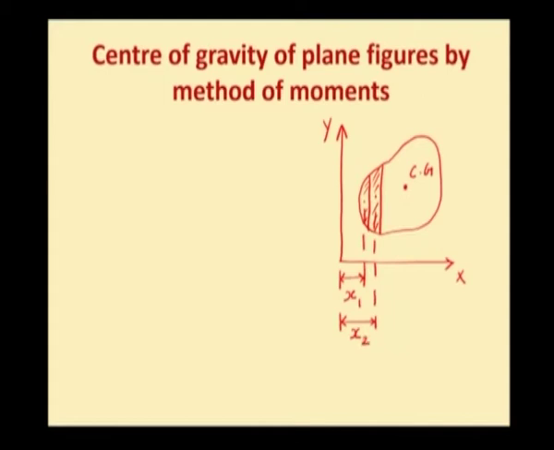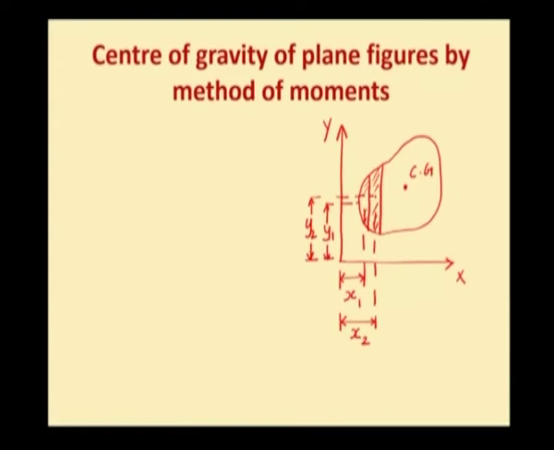Now, like this we will be having n number of small strip areas. The distance of the center of gravity of each and every area from the y axis will be x1, x2, x3 up to xn. The distance of the center of gravity of the first area from the x axis be y1 and the distance of the center of gravity of the next area, that is the second area, from the x axis be y2.